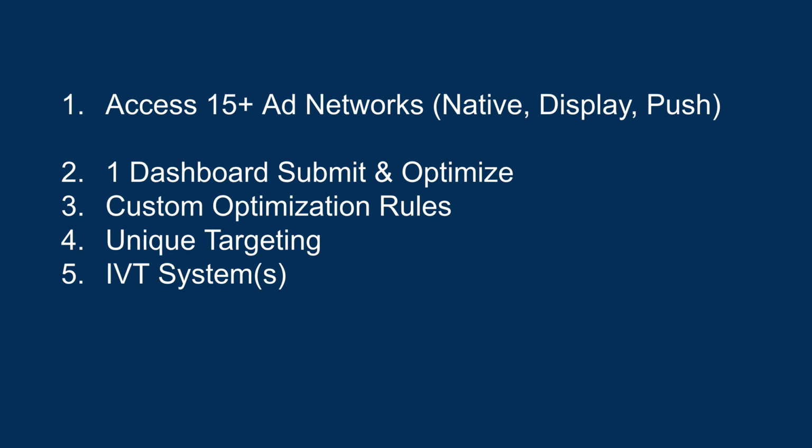We have advanced filters that can filter out some of this bad invalid traffic for you, but also you'll get it inside of your reporting dashboard, so you can see, okay, this publisher or this site ID or this network has a ton of bot traffic, so then you can just turn it off if you want.